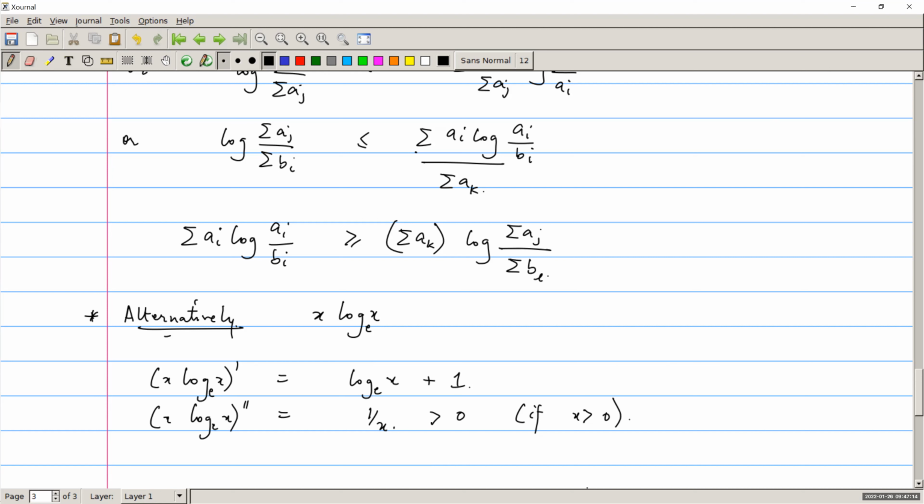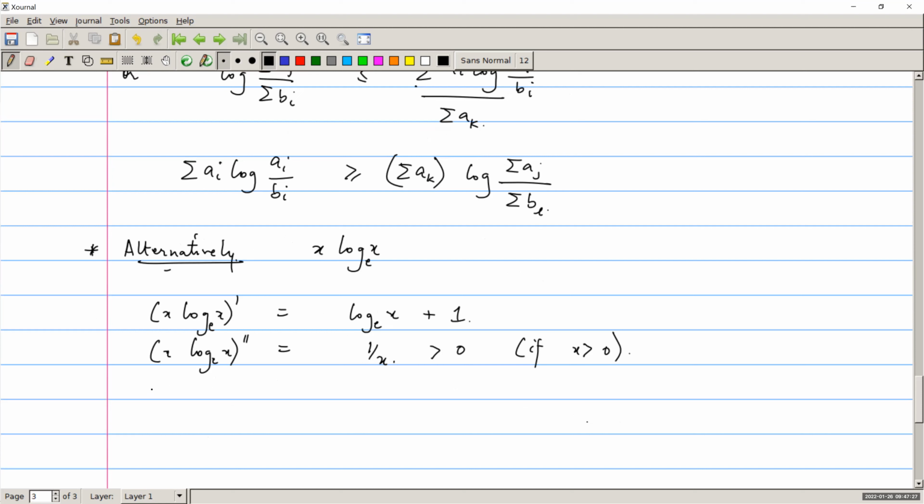So x log x is convex for positive values of x. If I restrict x to be greater than or equal to 0, x log x happens to be a convex function.